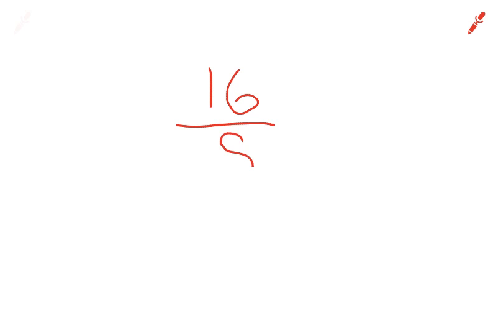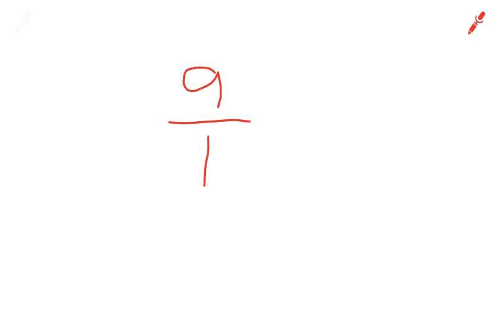Here on C, 8 goes into 16 2 times. Done. D. We have 9 over 4. 4 goes into 9 2 times with 1 left over, and you keep a 4 as your denominator.